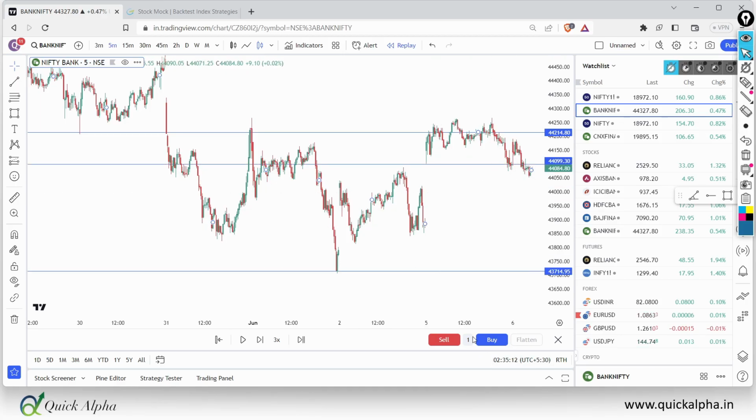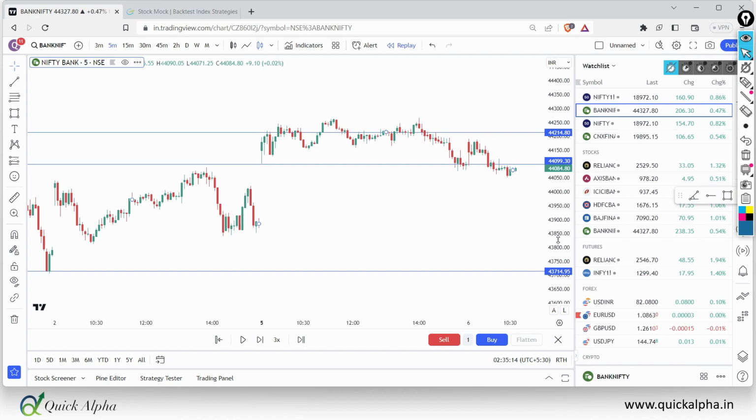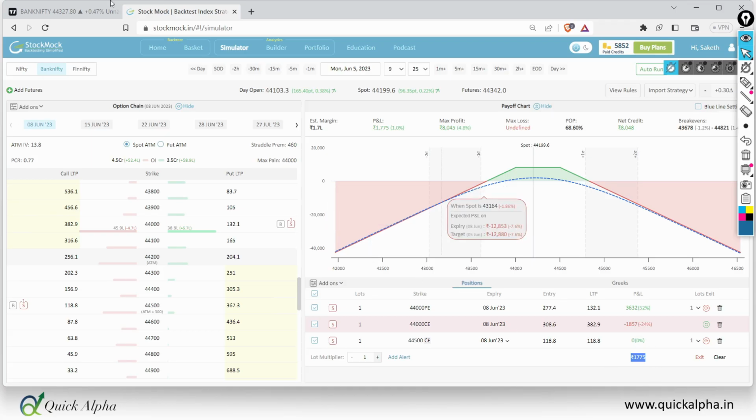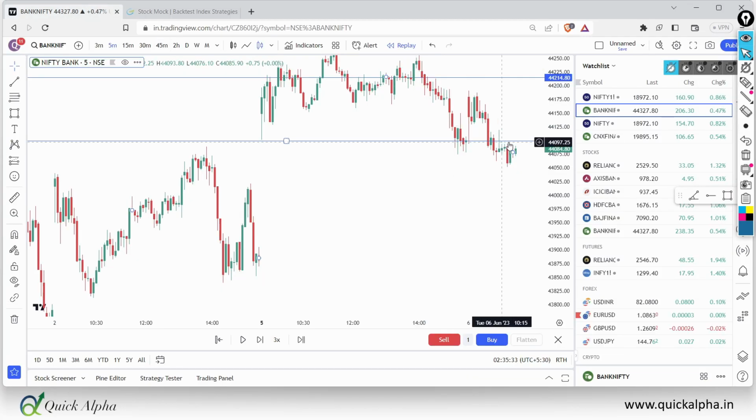So it did try once. You can see right over here, we had opened with a gap up. The market tried to go higher, it faced resistance, came down, took support here, again went up, and again now it is well below the support line, right? So that's the reason I am going to go to that particular time, that is Tuesday around 10:40.